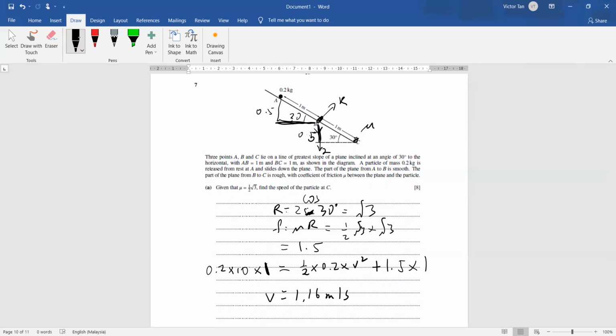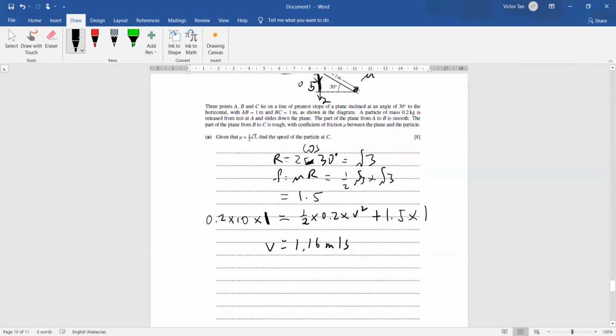This one, 0.2 times 10 is 2. Oh, okay, correct. Sometimes when you do mental calculation, you make mistakes. So this is 2 minus 1.5, which is 0.5. 0.5 over 0.1 is 5. So this is 5, and v is root 5 meters per second.